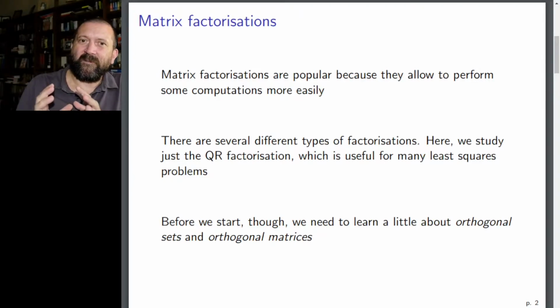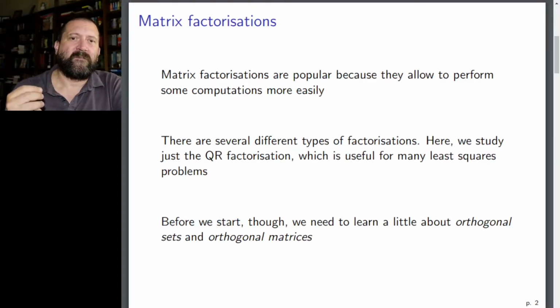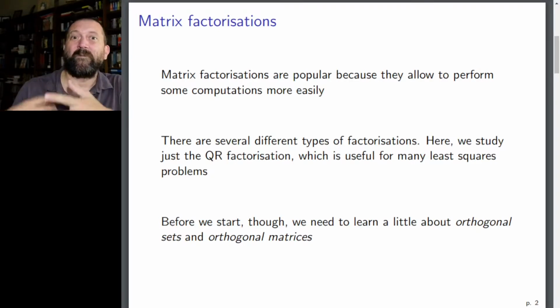But to set the stage for the one that we're going to look at, which is the QR factorization, we need to first go through a little bit more detail about what are called orthogonal matrices and orthogonal sets. This is what is going to be used to make this factorization.